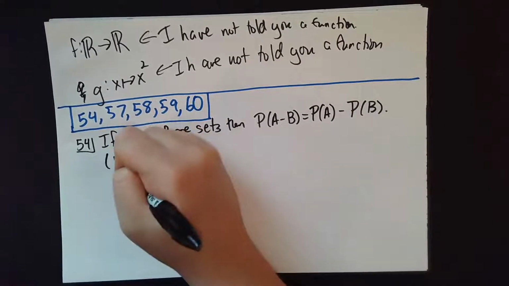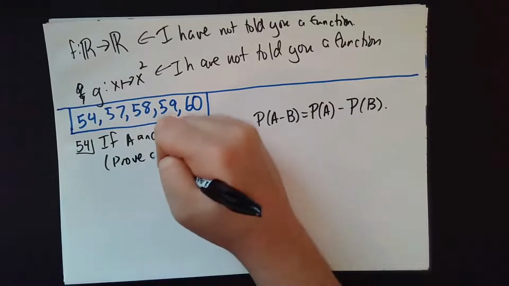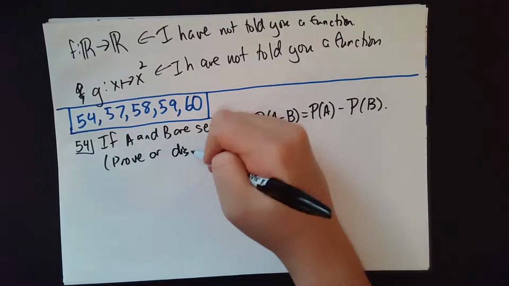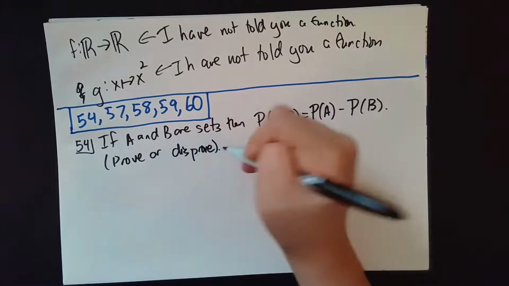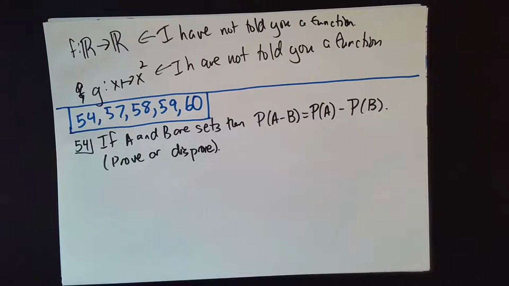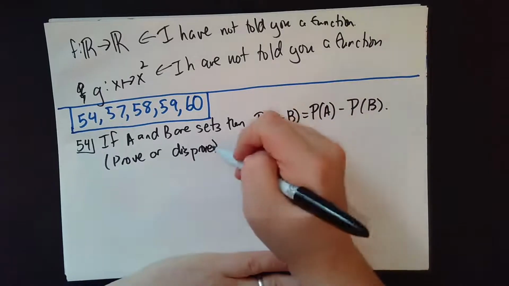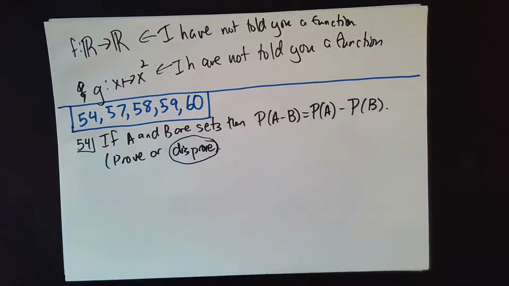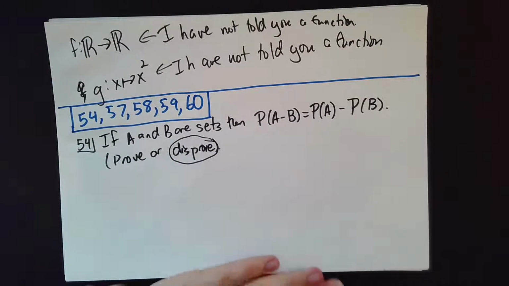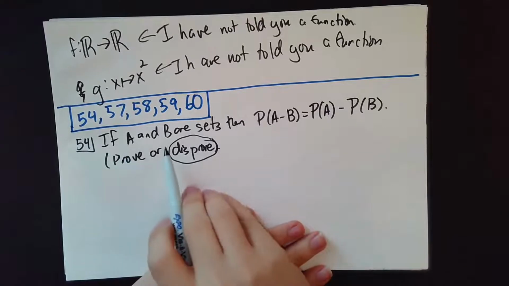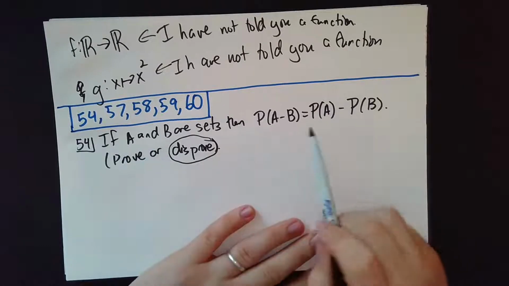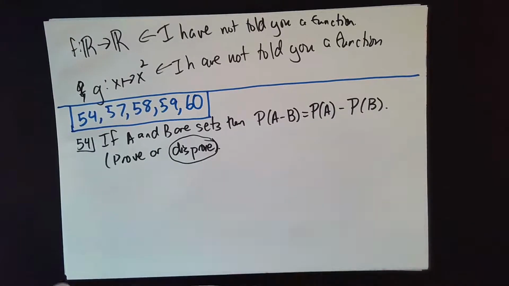To be clear, this is a prove or disprove. As it happens, this statement is false, and in order to disprove it, we need to find a counterexample. That is, I need to find sets A and B where this statement is false.